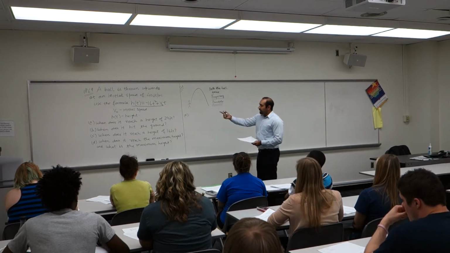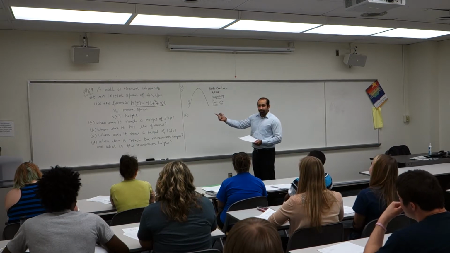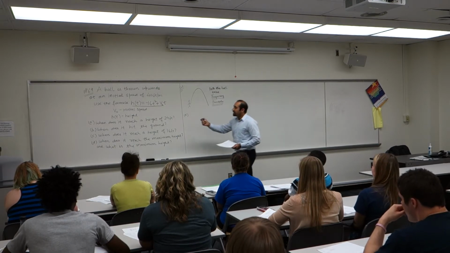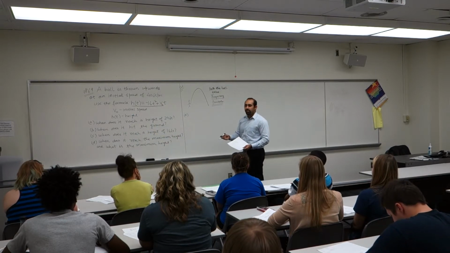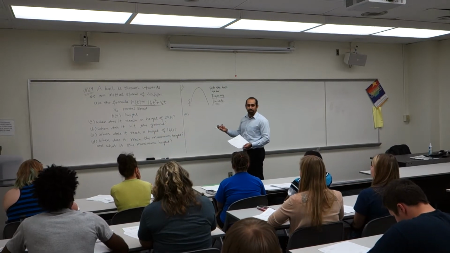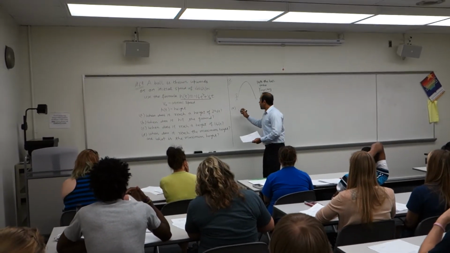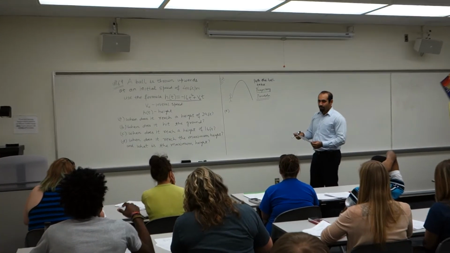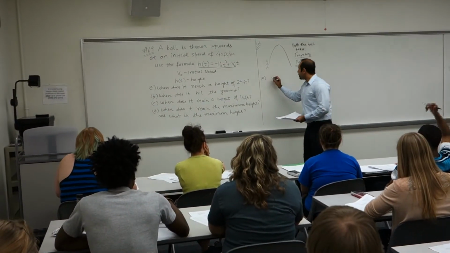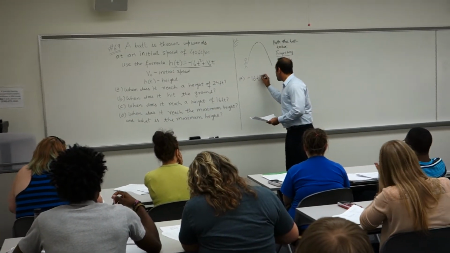What does part A say? It says when it reaches a height of 24 feet. So when it says when does it reach, what are they asking us for? Time in seconds. The time in seconds when it reaches the height of 24 feet, right? So how are we going to set that up? Plug in 24 for h of t. Exactly. So I should write negative 16t squared.